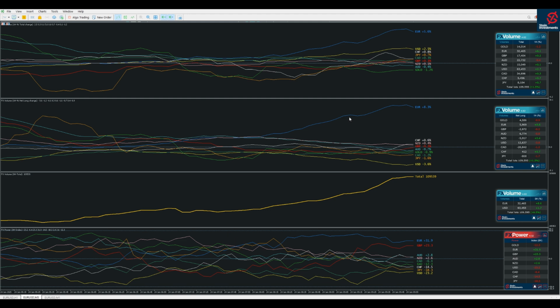and it's obvious that all these traders went long with it. That's why we see a massive change in the euro net long volume. But of course, it's now a bit late, and we just need to find out when this volume trend started.